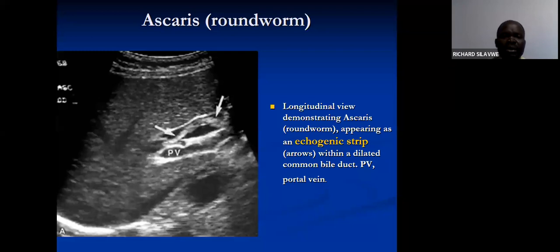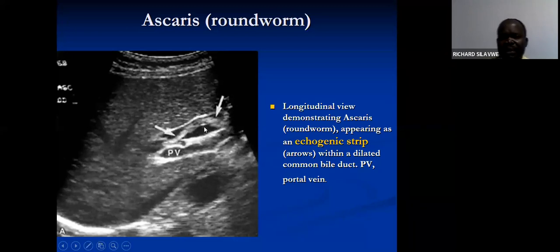So this one here is a sonogram showing Ascariasis or the roundworm. You can see here. Okay, this is the portal vein. Anterior to the portal vein, we have the common bile duct. Then we can see there is a worm here.